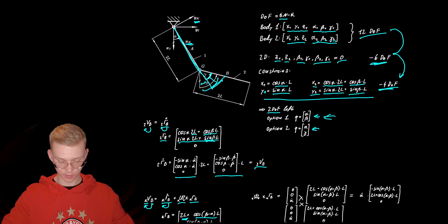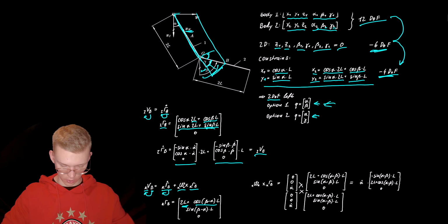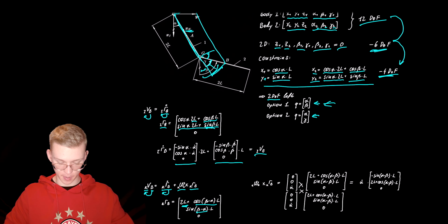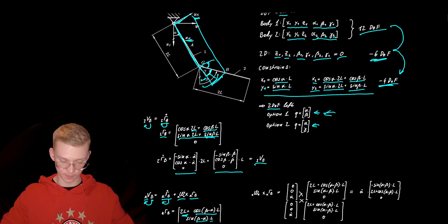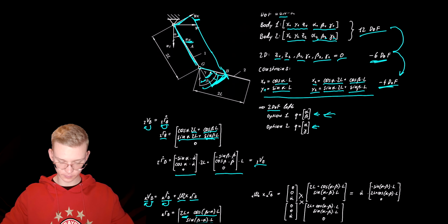For the Y direction, we just have to go the sine of beta minus alpha times L. So maybe we have the sine and it is right there. That's the sine.